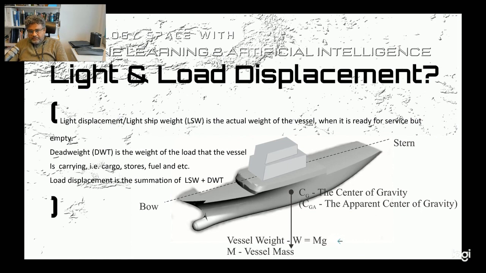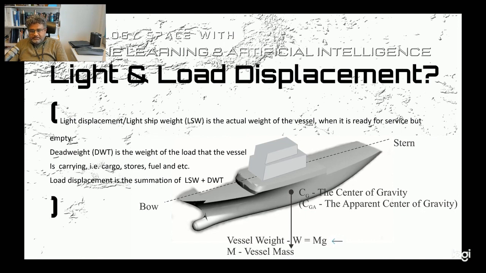Since we have discussed the weight of the vessel, I would introduce three additional terms. The first one is light displacement or light ship weight. The light ship weight is the actual weight of the vessel when it is ready for service but empty. The second term would be dead weight.